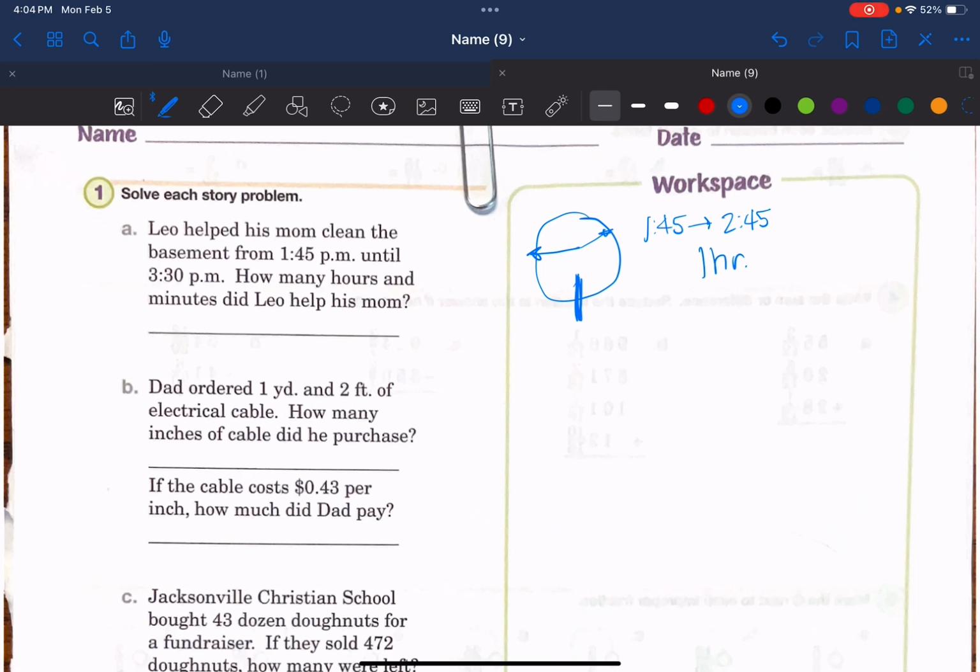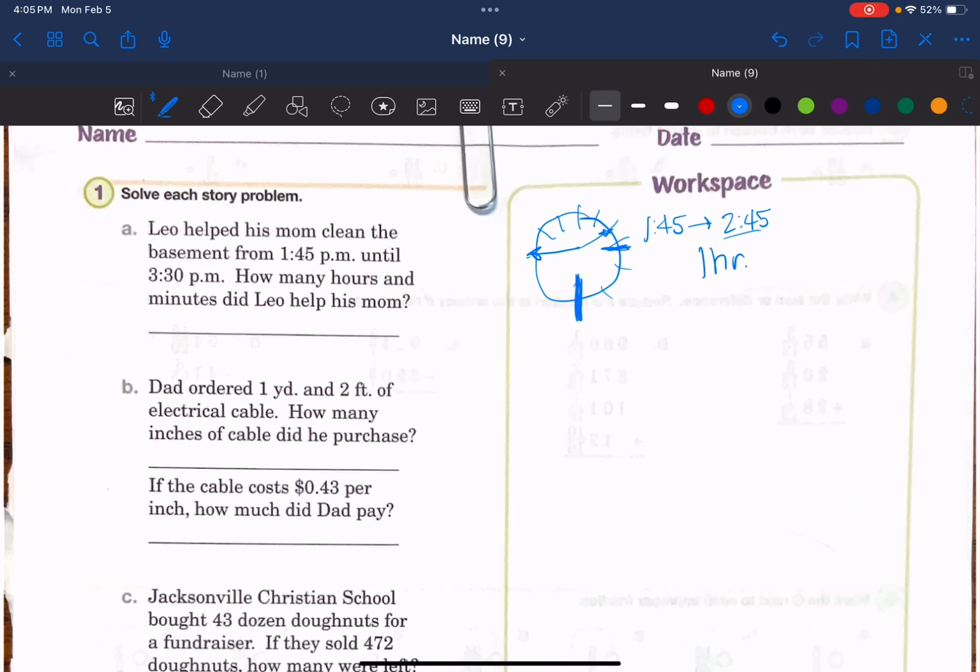So we know that we're really close at 2:45. We're really close to 3. So here's my 10, here's my 11, here's my 12, here's my 1, here's my 2, here's my 3, 4, 5, and then 6. So that's my 30. So now you just skip count by 5. So you're at 1 hour and then you count how many minutes that would be.